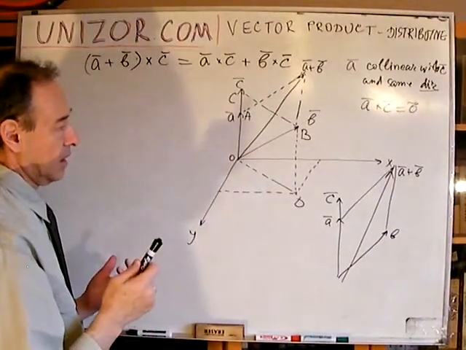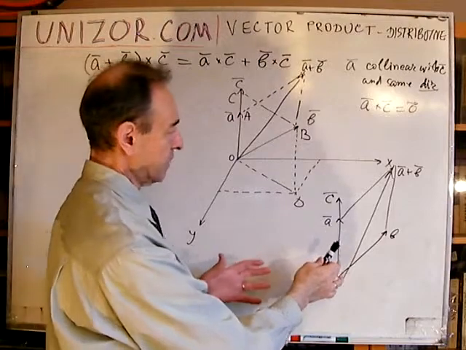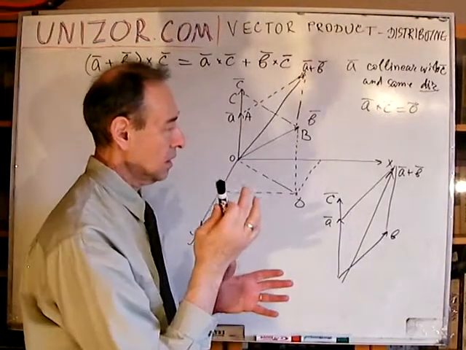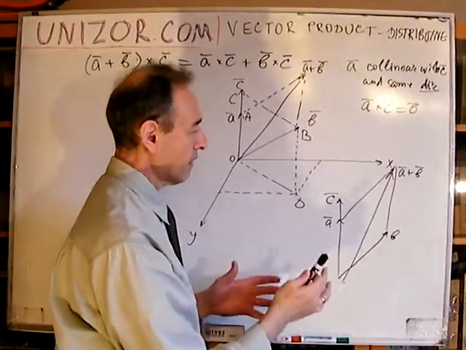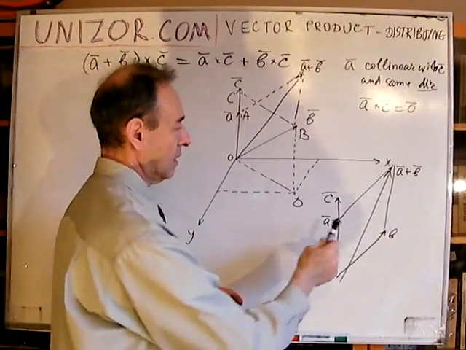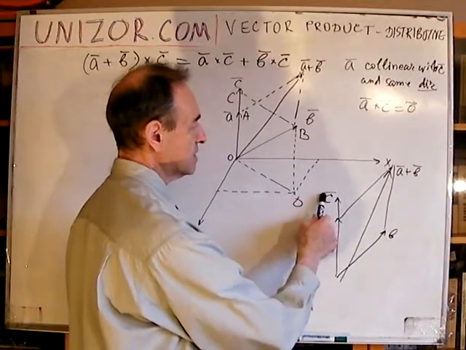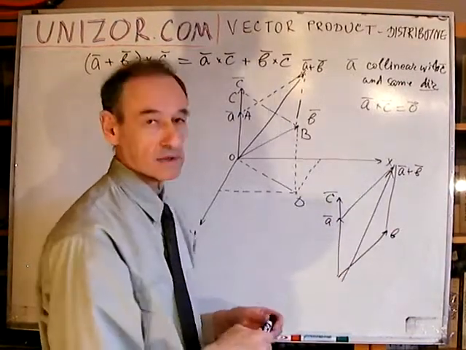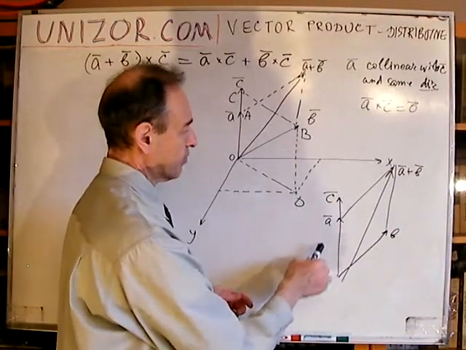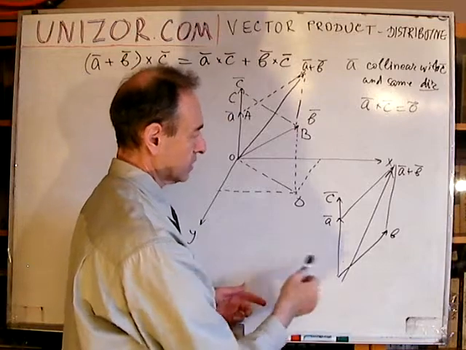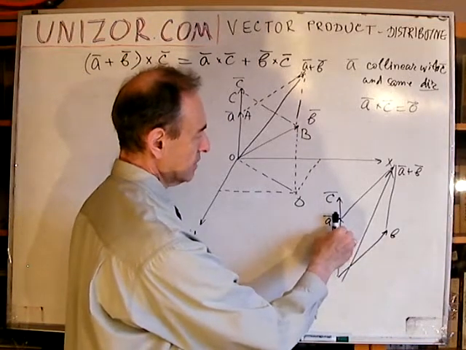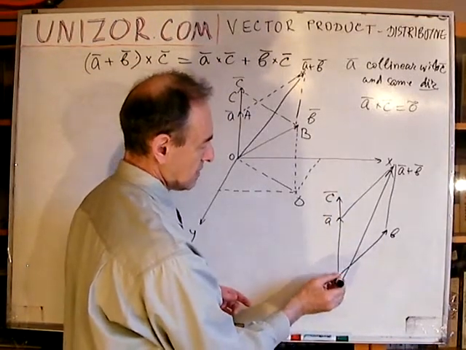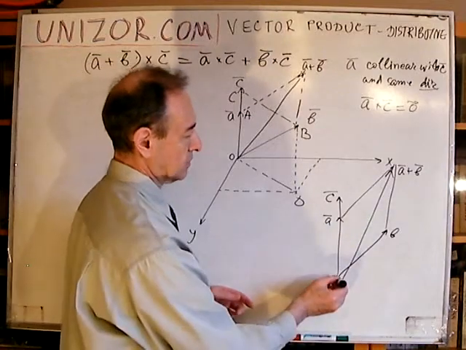Now, if I view this plane this way, where are the vectors which are A times C, B times C, and A plus B times C? I'm talking about vector product. Well, A vector product C is null vector, right? Now B and C, if I multiply them, then the vector would go this way, right?